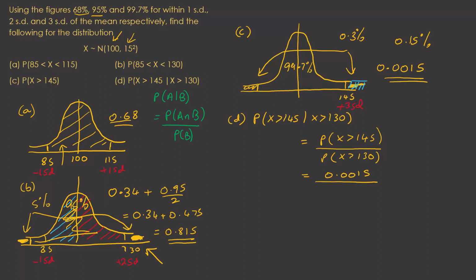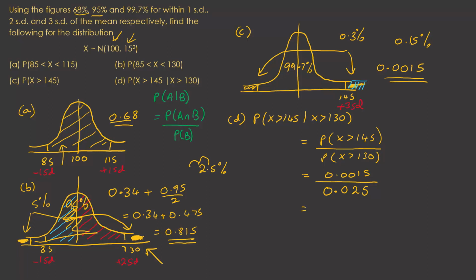So just the one end here is 2.5%. So 2.5% divided by 100, 0.025.